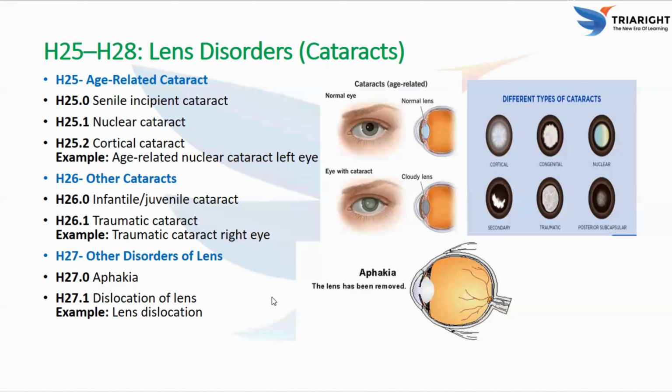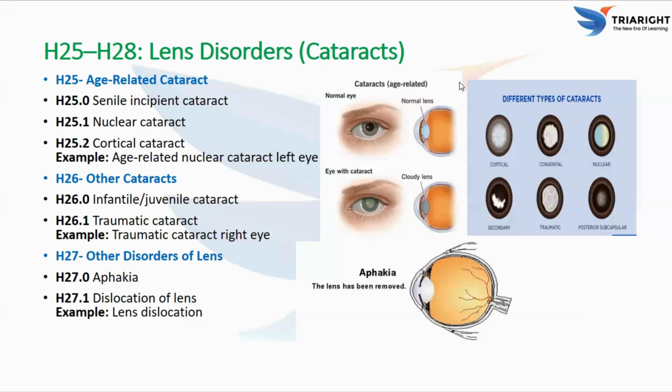For example, lens dislocation. So on the picture here, there are three diagrams showing you the normal eye and the eye with the cataract. So in the normal eye, the lens is very clear. The light focuses properly on the retina, whereas in the cataract eye, the lens becomes cloudy. So this results in a blurred, dull, or hazy vision.